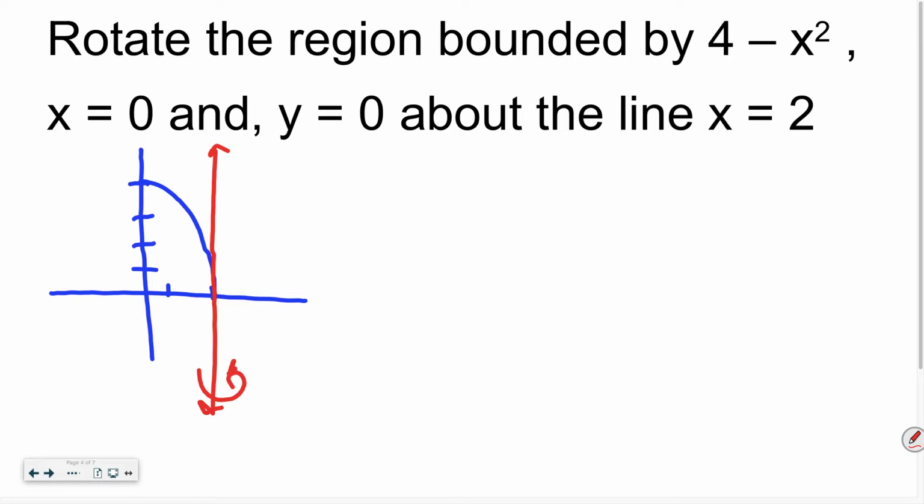This is what your picture looks like. I'll highlight it in green. This is our region right here, right? And we're going to rotate it about x equals 2.